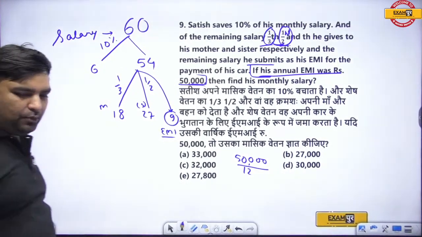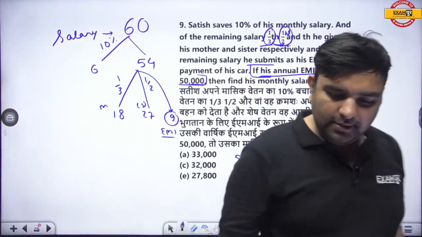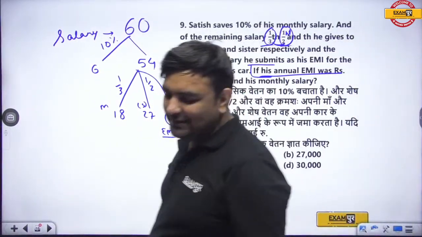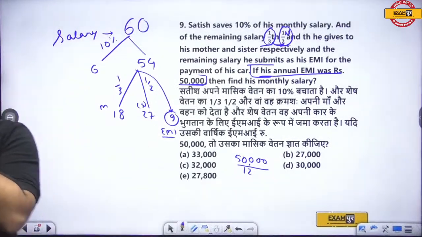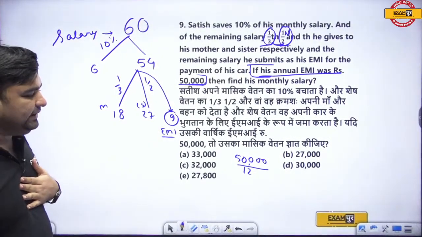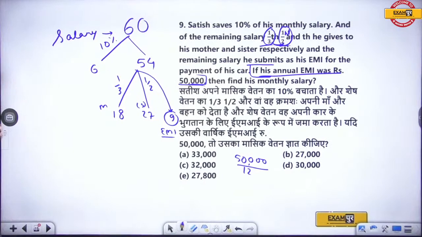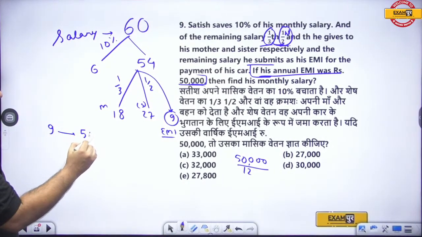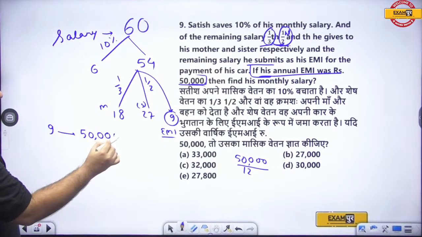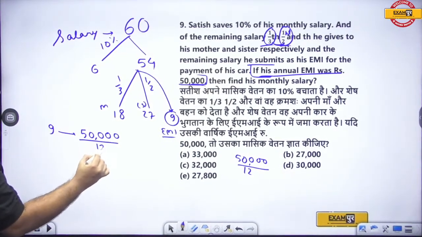Is this logic clear? So 9 is given as 50,000 divided by 12.